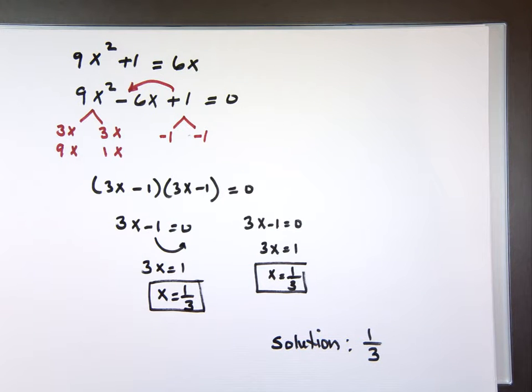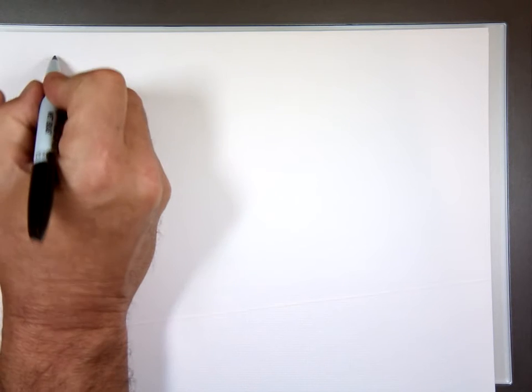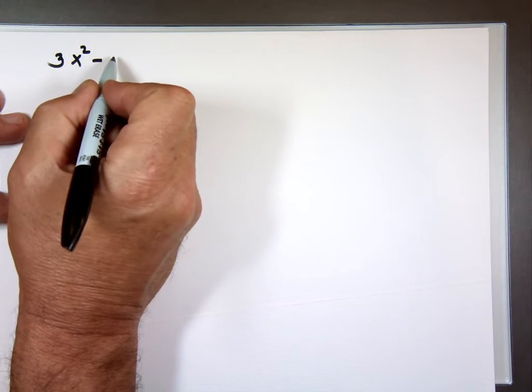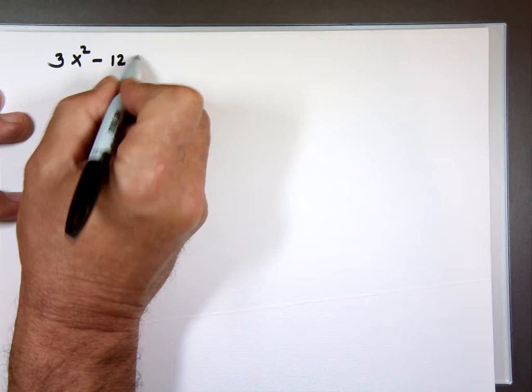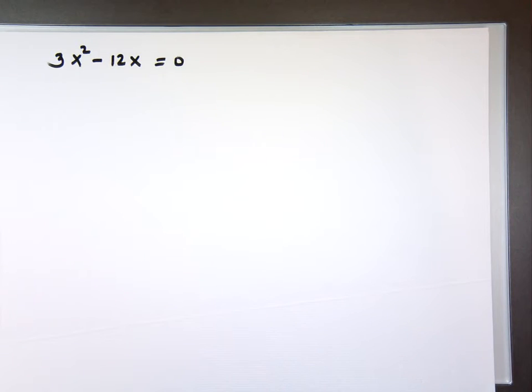Let's try one more. Then we'll add a little twist to it. Move to one side. It's already on one side.